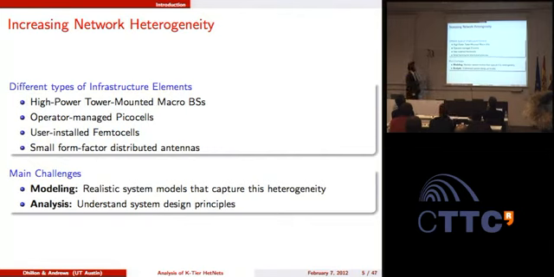Previously you had high-power tower-mounted base stations that we call macrocells, and now there is an addition of operator-managed picocells put at the hotspots and at the cell edges, and then you have user-installed femtocells, which you are all interested in, and we also have small form factor distributed antennas, some dumb antenna heads.